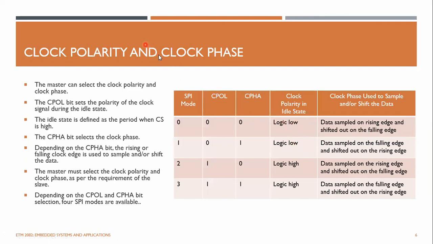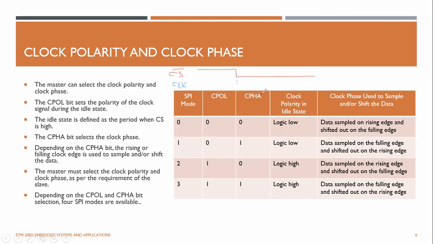We have that CS bar, which is initially at high. If you want to select, you have to pull that line down, and then we have the clock, CLK. This is the point where you start the communication.